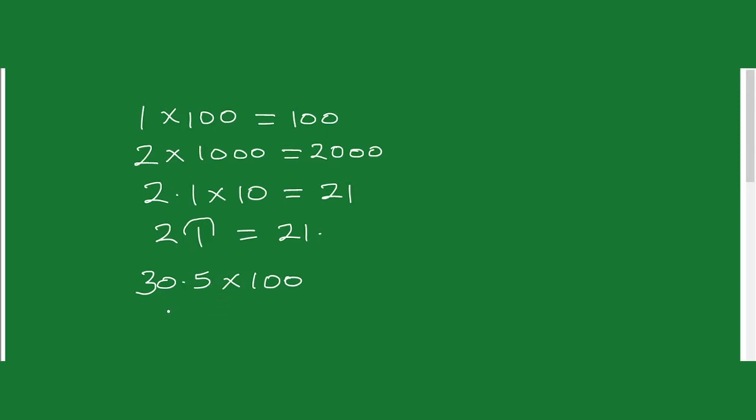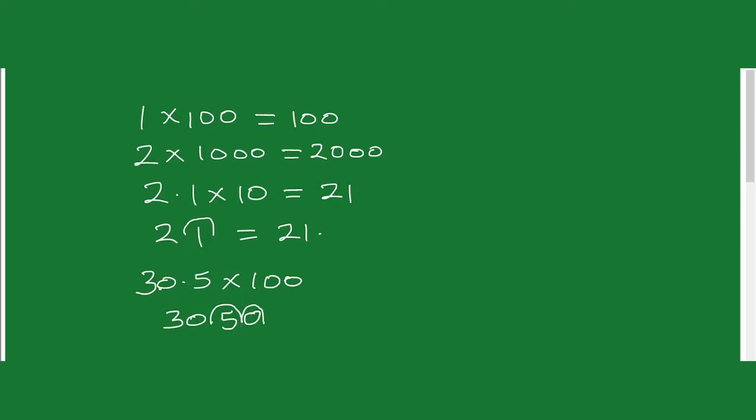What you need to do, write your 30.5, then move your point toward your right hand side 2 times. This is the first time, this is the second time, because you have 2 zeros here. That's the reason you move 2 times. And the empty place here will be 0.